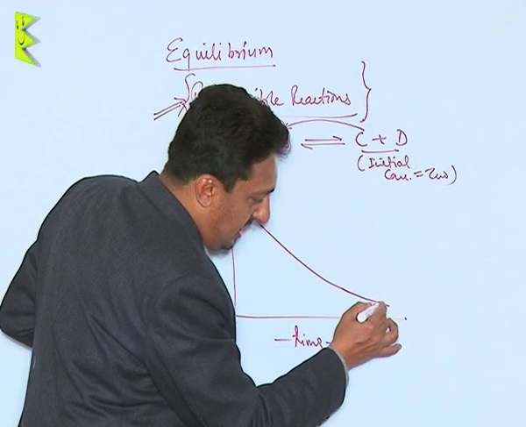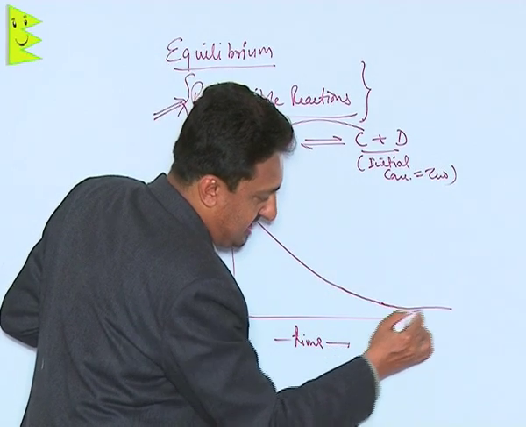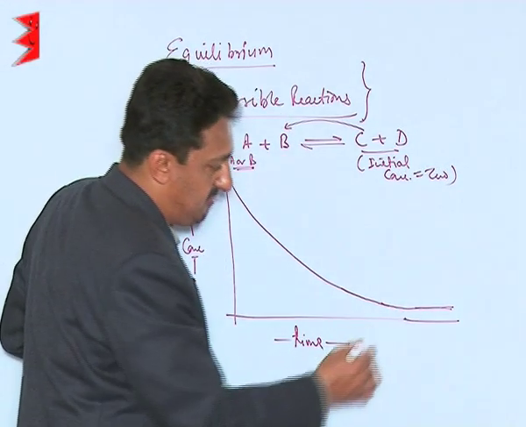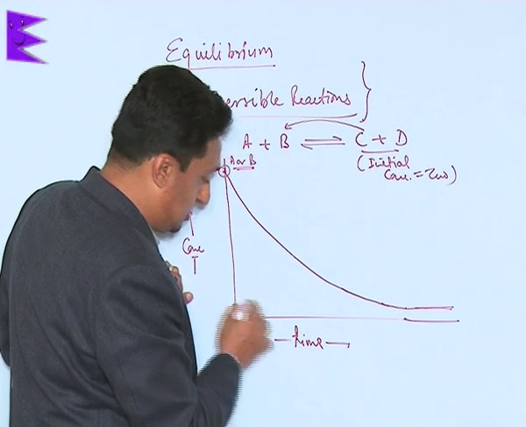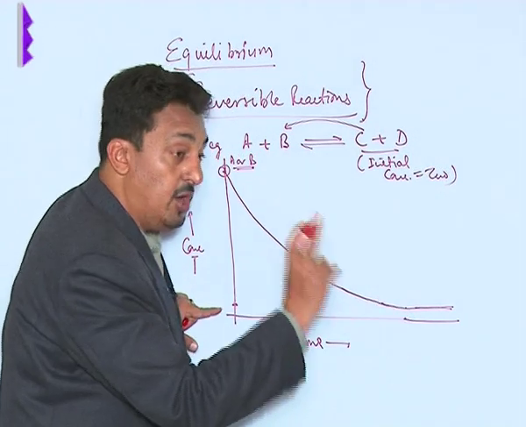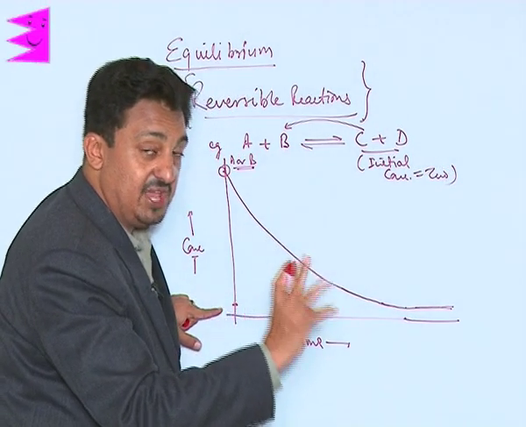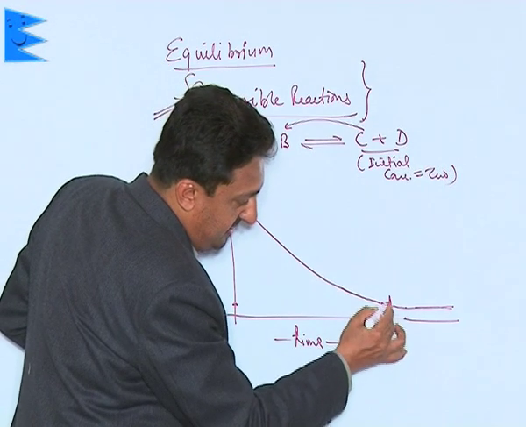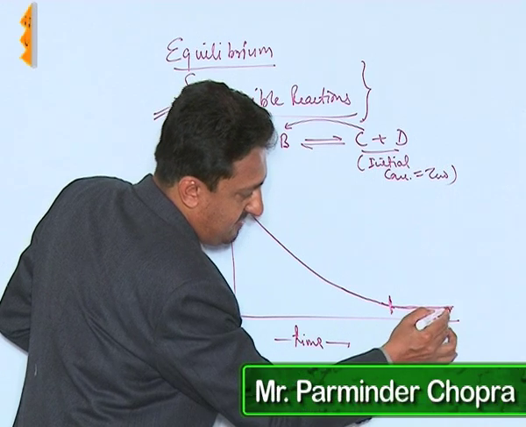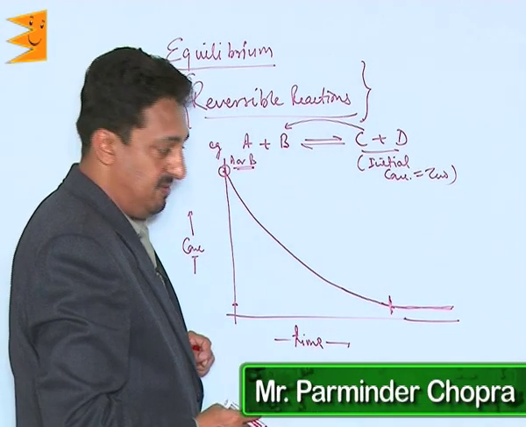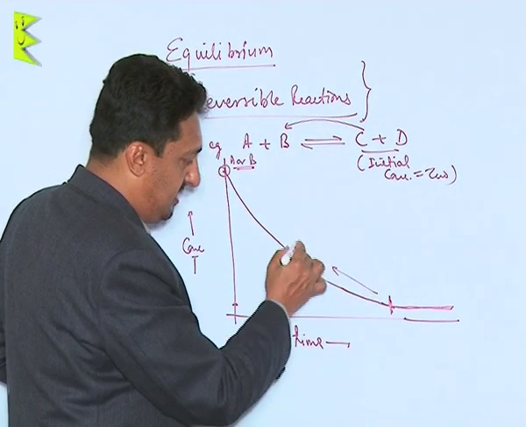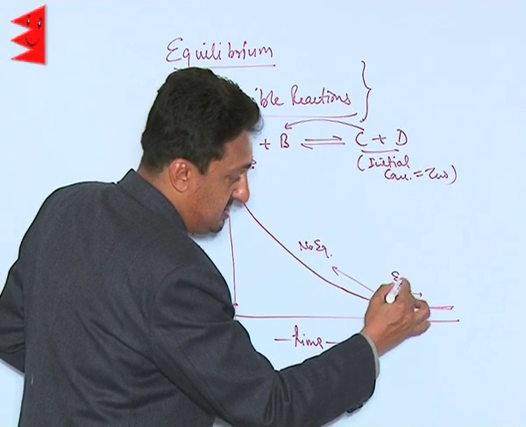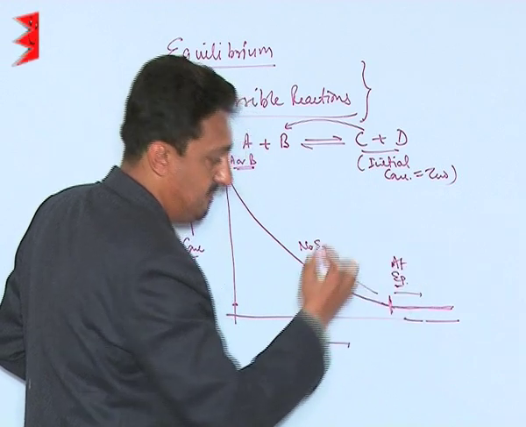The moment this becomes parallel to the x-axis, it means that the concentration with time is not showing any change. Before this point there is no equilibrium, but after this point the system is at equilibrium.